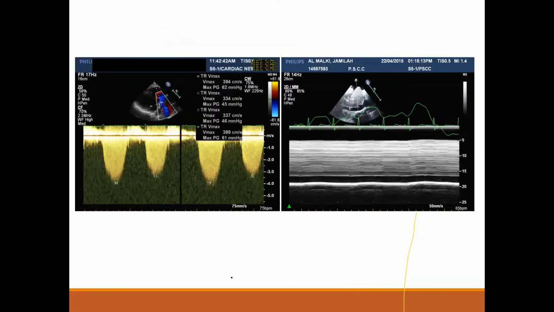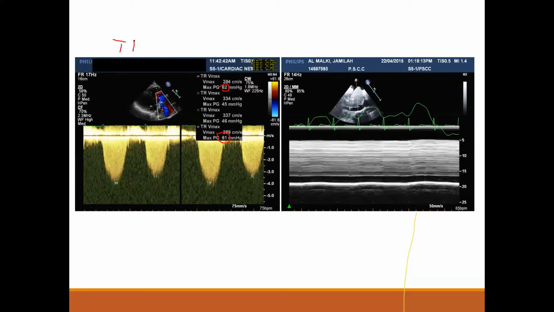Now, what is this? What here? 62, 61. What is this signal? This is from tricuspid valve. Very good.